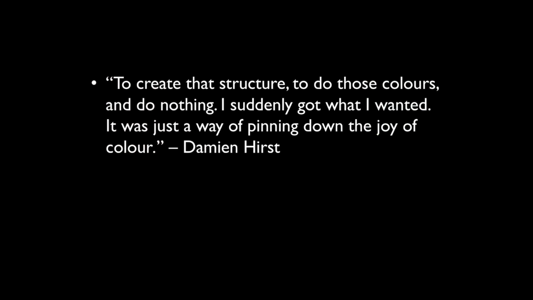Damian Hirst used colours in a lot of his pieces of work, and one of the things he said was, which isn't entirely clear, to create that structure, to do those colours and to do nothing, I suddenly got what I wanted. It was just a way of pinning down the joy of colour. He was talking about his dot paintings.